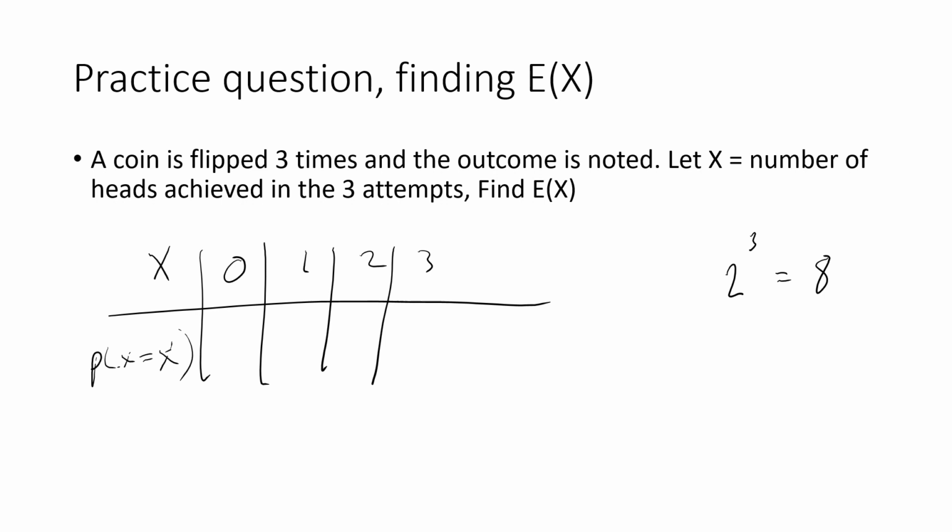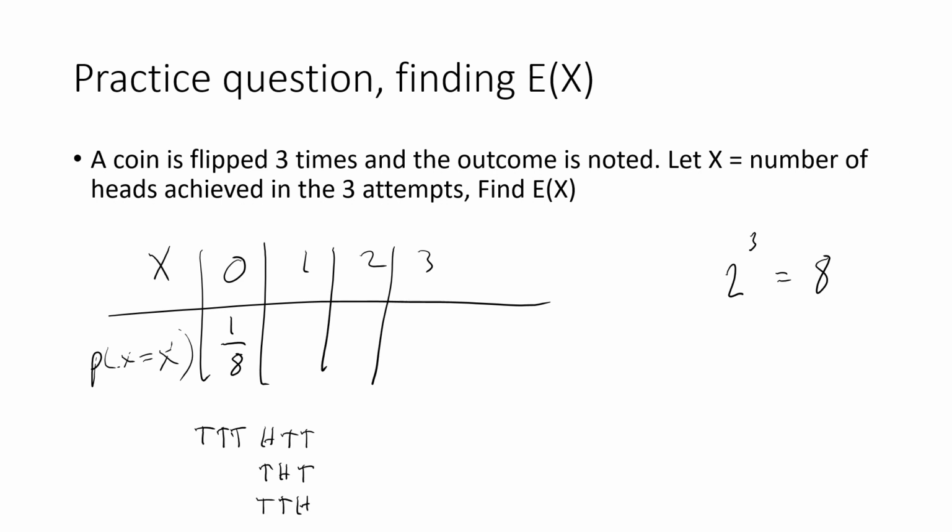Now let's start from 0. How many ways can we have 0 heads? Just one. We can have tails, tails, tails. So that means the probability of getting 0 heads is 1 out of 8. Now the probability of getting 1 head, let's write down the combinations. We can have heads, tails, tails; tails, heads, tails; tails, tails, heads.